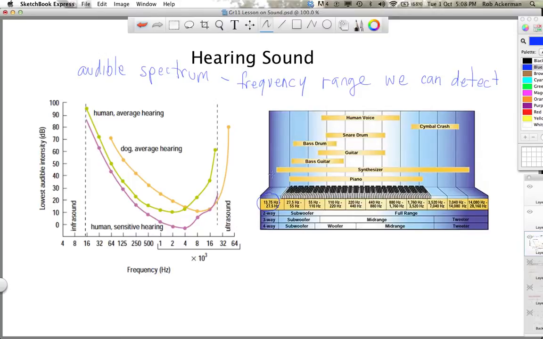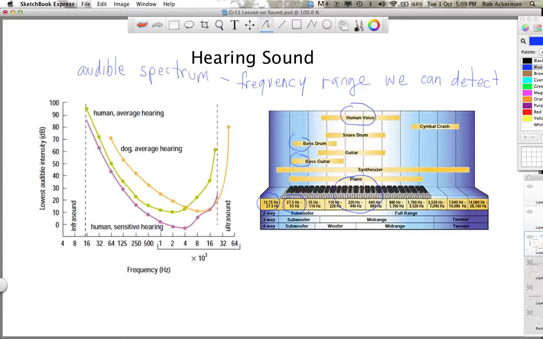Very little of our musical instruments produce frequencies in the 10, 20, 30 hertz range. Very low sounding notes, 27, 28, 50, 40 hertz, very low frequencies like a bass guitar, for example, or a bass drum. Getting into the 50s, 100s, 200s, 400s, now we're in the middle of a piano range, which is kind of where the voice is, where a lot of people sing, so human voice. So these are sounds we're comfortable with.